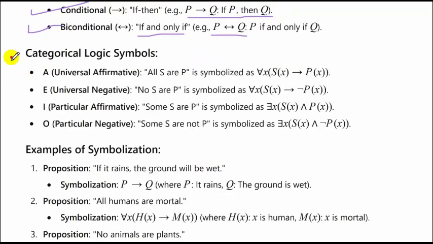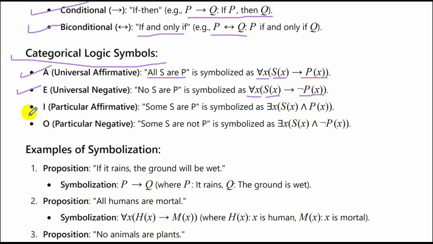Let us look at categorical logical symbols. A is universal affirmative, that is, all S are P, symbolized as for all X, if X is S, then X is P. E, universal negative, no S are P, is symbolized as for all X, if X is S, then it implies that X is not P. This is what it means.